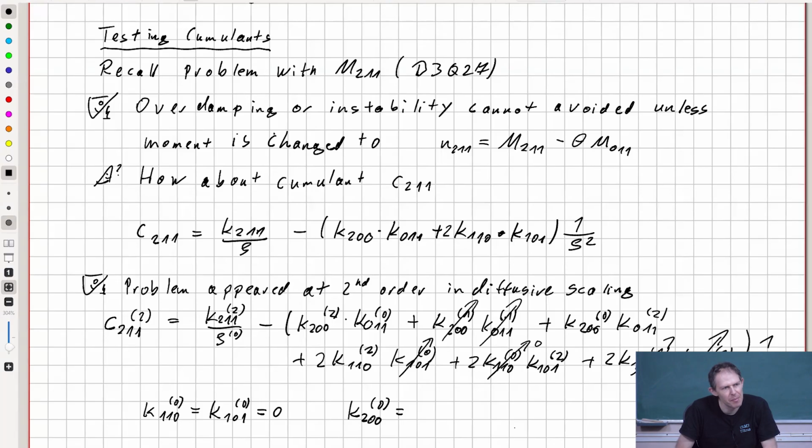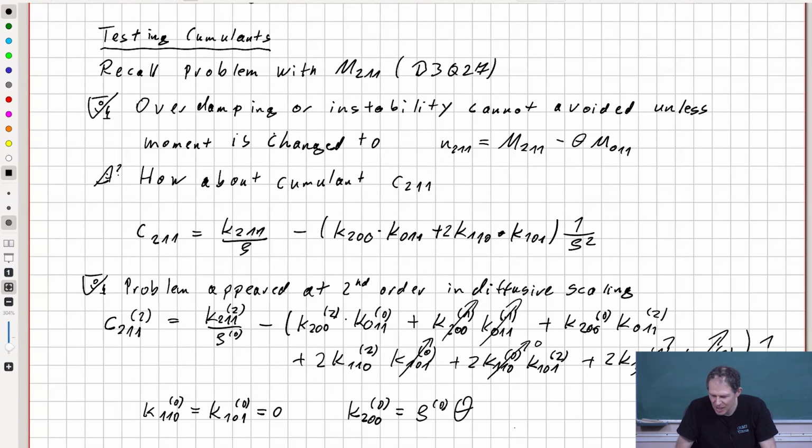Anybody remember? K200 is usually rho times theta times u square. So u square is obviously of second order, so this doesn't exist. Then rho comes in order 0, so we have rho order 0, and what is left is theta.